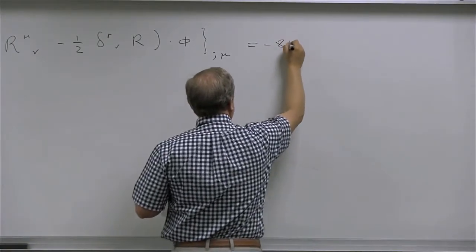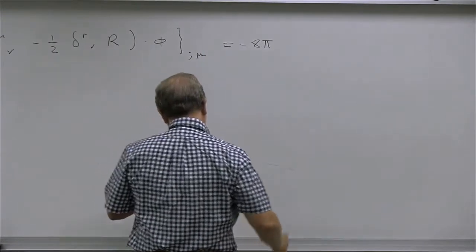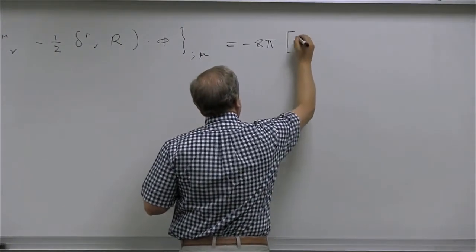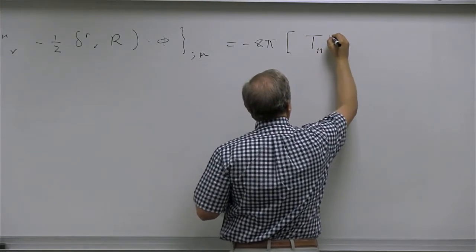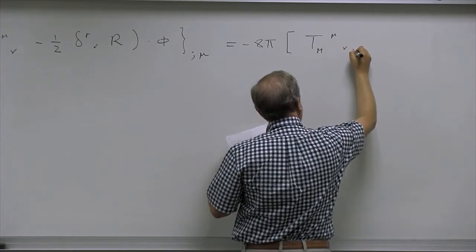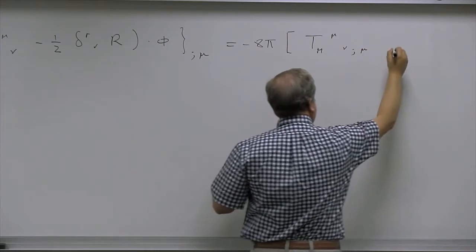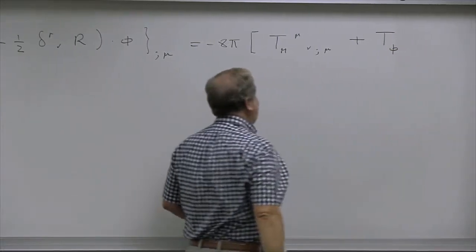So we have the minus 8 pi, right, which we have there. And then we have the covariant divergence. So we first have the matter term, M, right? And so we have mu and then nu and then semicolon mu, right? And then we have the phi contribution, which has the same kind of indices.